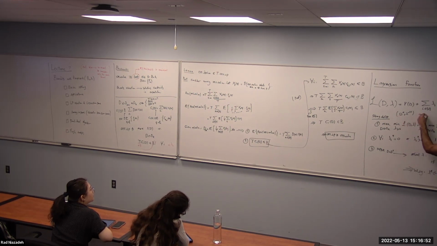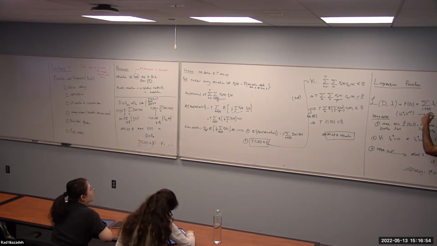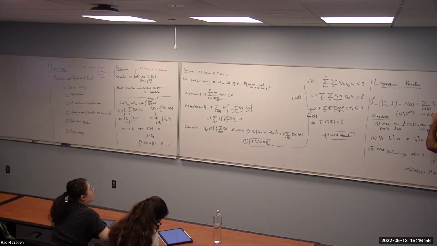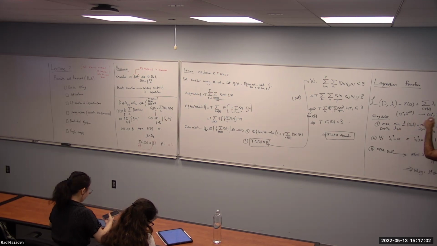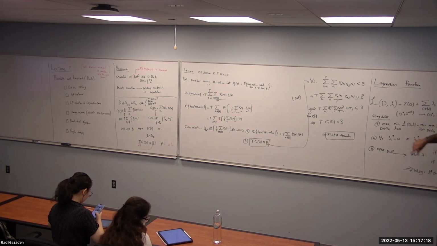Then I claim D star and lambda star 2 are going to be optimum solution for the second program when you add the simplex constraint, where you can, without loss of generality, imagine that lambda star 2 is equal to lambda star 1 divided by norm 1 of lambda star. That's what I'm trying to say. Therefore, if you start with this solution as your dual, then the same D star is going to be the optimal solution.